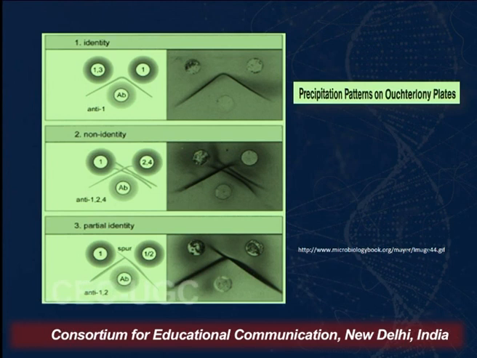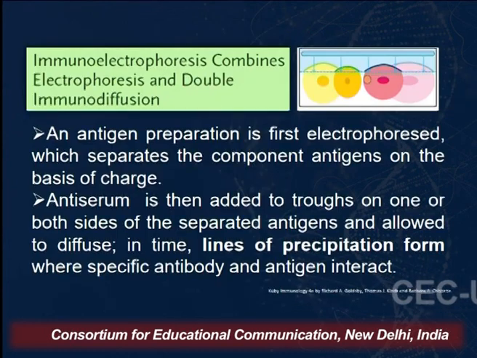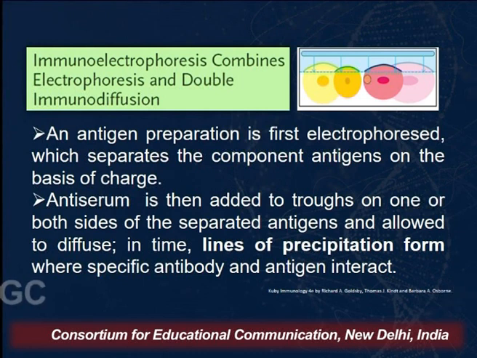If there is non-identity, a cross is formed, which shows that the antigen and the antibodies are not specific to each other. These various patterns were utilized for the determination of the antigen-antibody interaction.